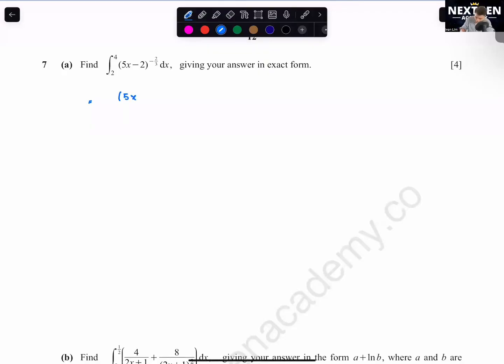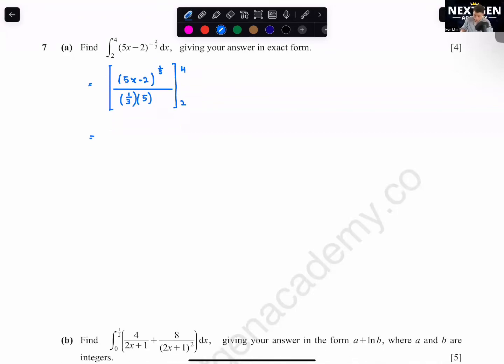So 5x minus 2, power 2 over 3 plus 1, you get 1 over 3, then you divide by 1 over 3. For 5x minus 2, we differentiate inside, we'll get 5, you divide by 5. From 2 to 4. Simplify this, we will get 3 over 5, 5x minus 2, power 1 over 3, from 2 to 4.